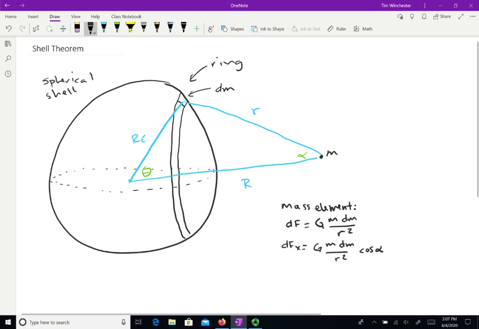Okay, so now what I'm going to do is say for the ring, dFx is equal to G M dM, and I'll call this big M to indicate that it's not quite the same as the other one, over r squared cosine alpha, where dM is now the mass of the whole ring.